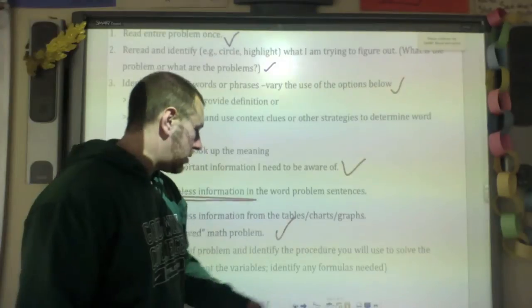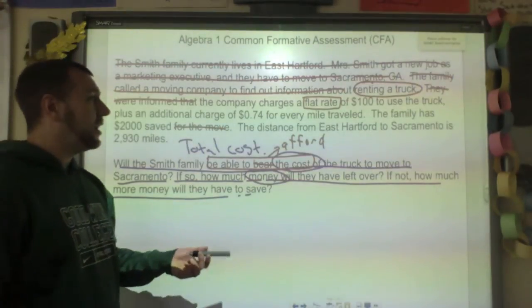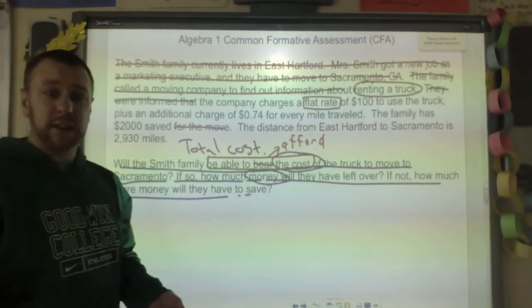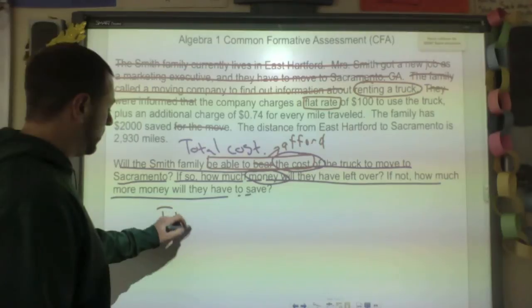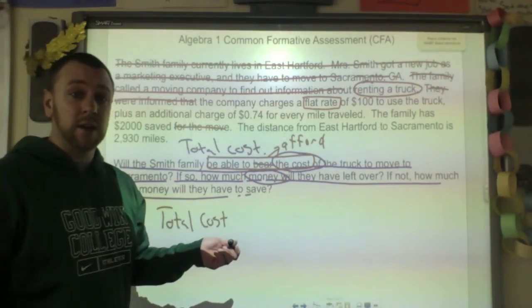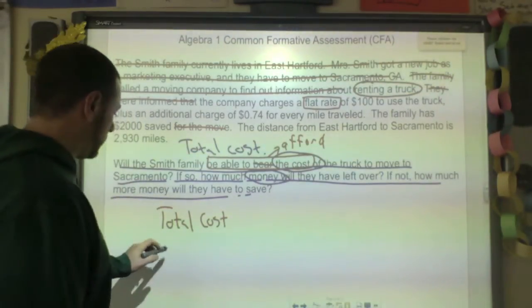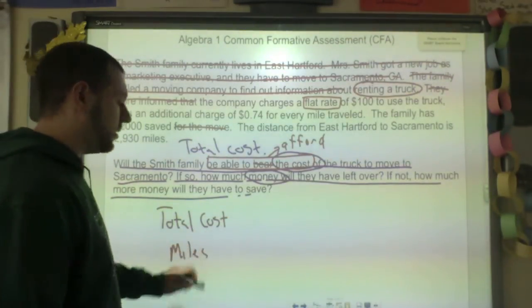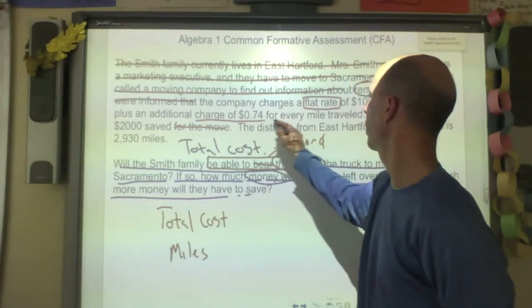So the biggest thing with this is, we want to find the total cost. So the total cost is a variable we need. That's the big thing. And miles is important, right? So miles is very important, and we know that because again the charge is varying for every mile.